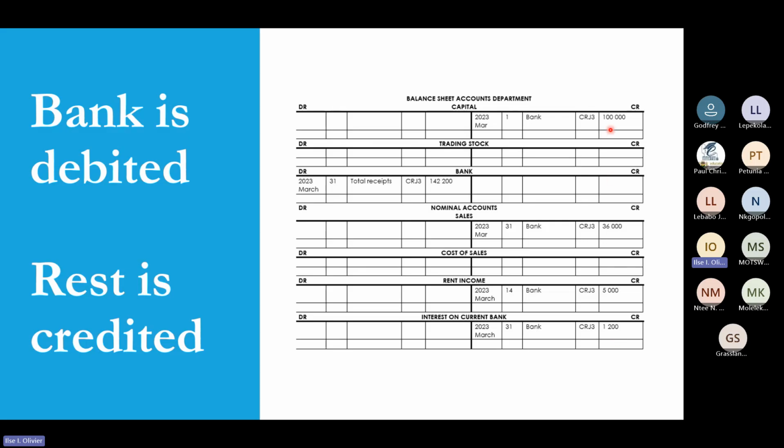If we add the 100,000 plus the 36,000 plus the 5,000 plus the 1,200, then you will get again the 142,200. So we can say that our double entry is completed. For every debit, there is a credit.